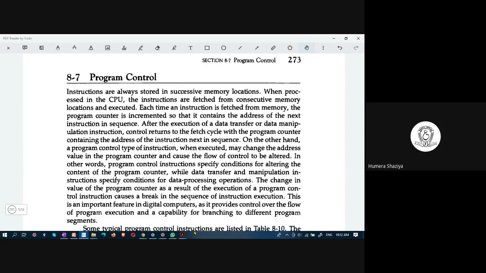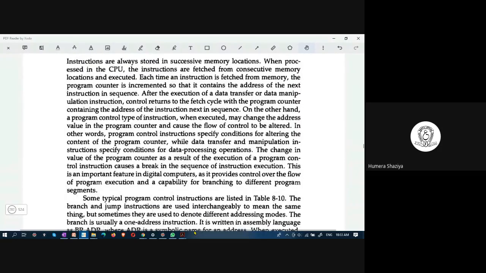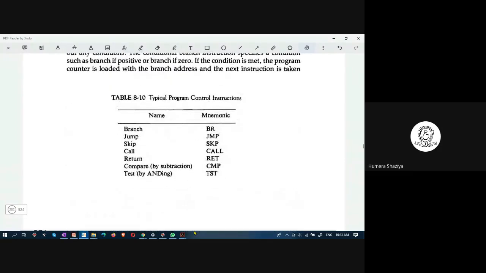Students, this is a question for you. Branch, very good. Skip, call, very good. Those are compare. Program control instructions are branch unconditionally, branch and save return address, ISZ, compare. So these are the program control instructions.